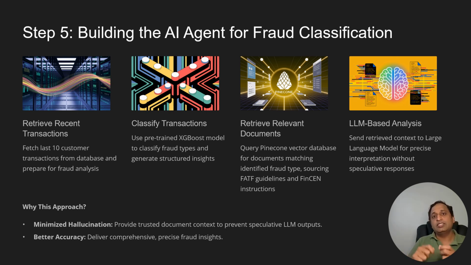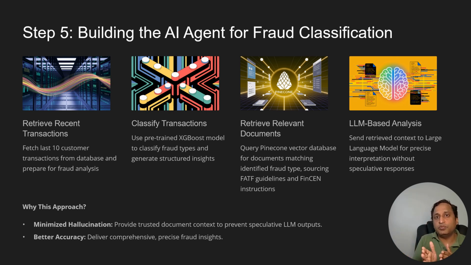Now there is another agent which will take the transaction data from the first agent and the classification inference from the second agent. It also pulls internal documents like FATF recommendations or internal playbook guidance. It gives all this information to an LLM like GPT or Anthropic, and then asks the model to do a full, final analysis.